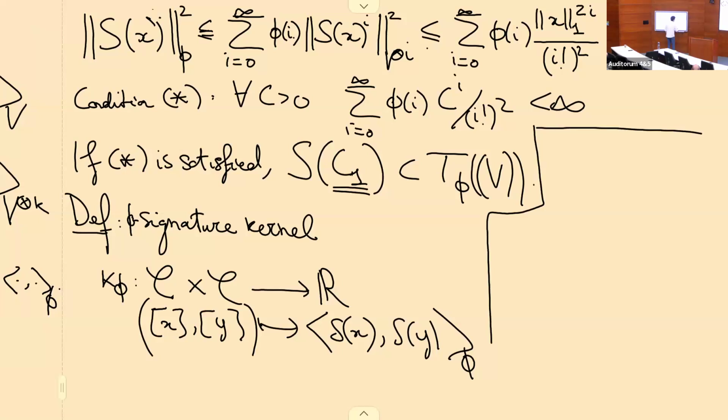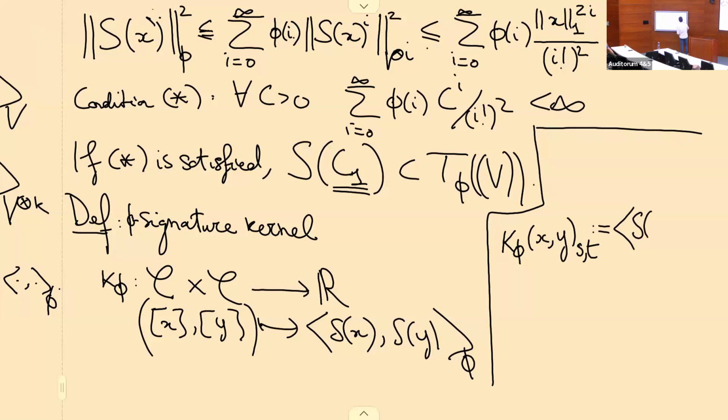Now, especially for practical computations, it will be useful to consider the same version, but parameterized by time. Instead of working with unparameterized paths, I can work with paths. So I can define it equivalently: K phi of x, y, now x is actually a path, not an equivalence class, and then I have other indices s, t, two time indices that define this kernel.